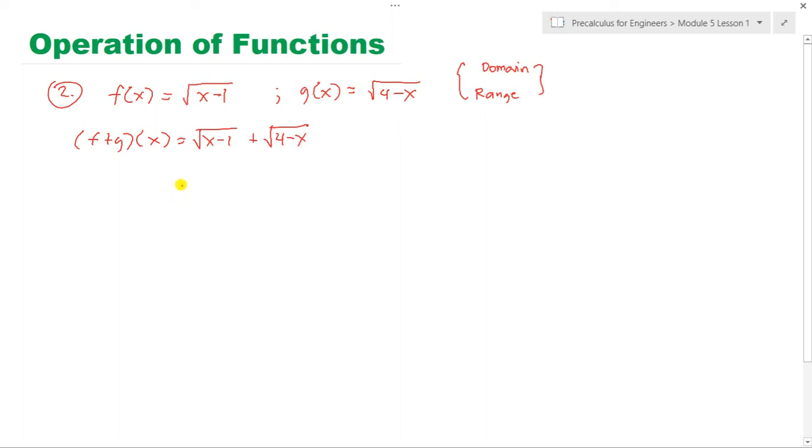So here we need to solve for the domain. So for the domain, since this is case number 3, wherein case number 3 is all about radical expressions.